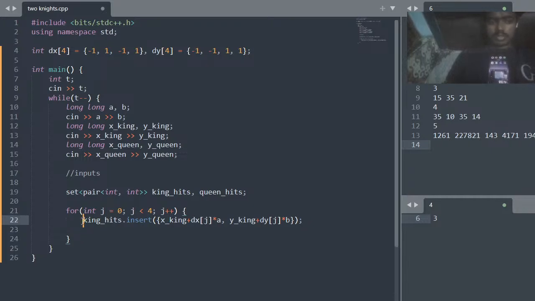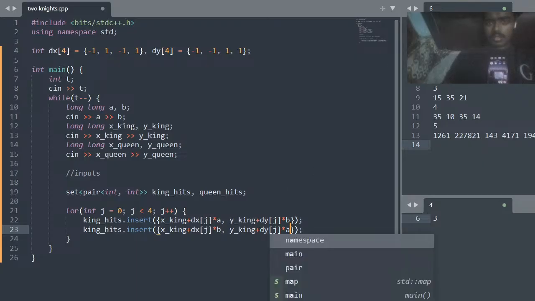So let's say copy this code and write. So king is right, so insert x plus king plus j into b, right? And here a, right?